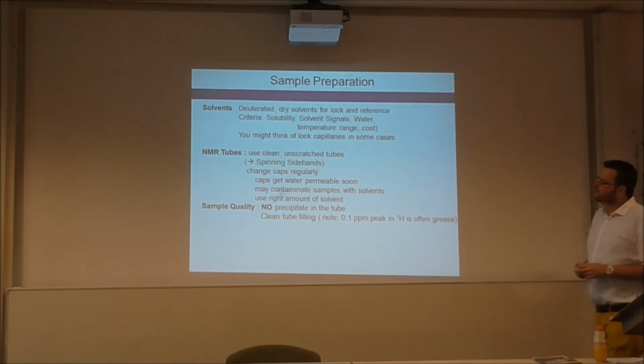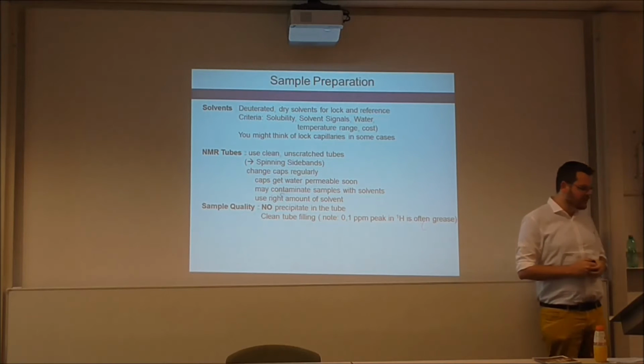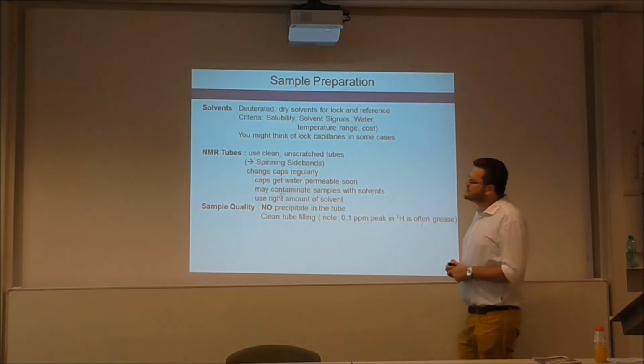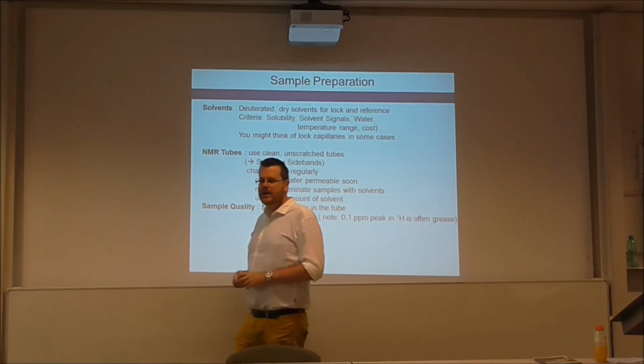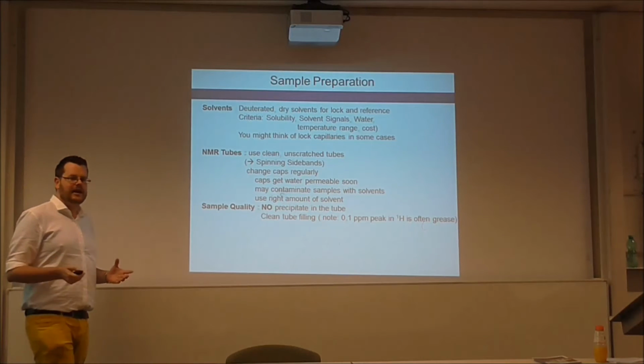So here are some more technical comments. Of course, we need to use deuterated solvents. This is important because we need deuterium to get a lock signal when we're recording the spectrum. And of course these solvents are expensive. For example, deuterated THF is extremely expensive.